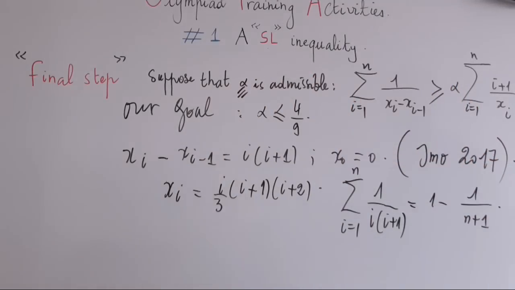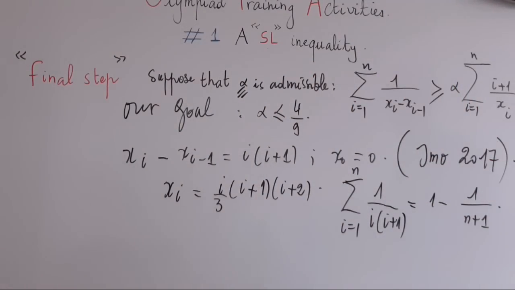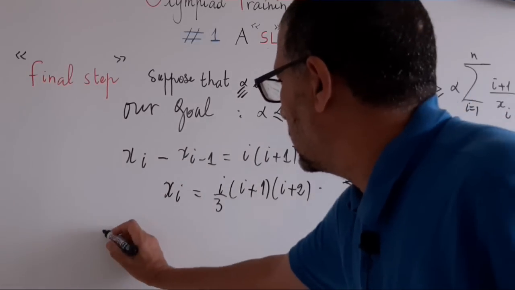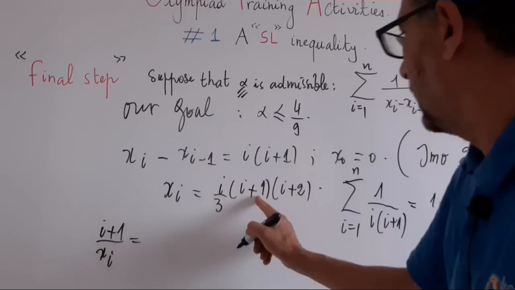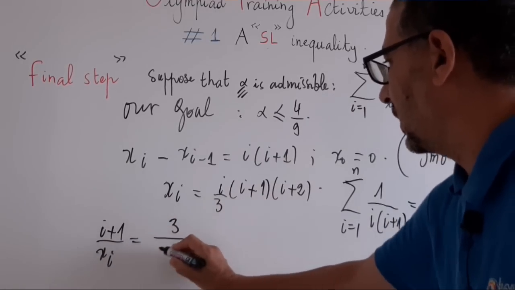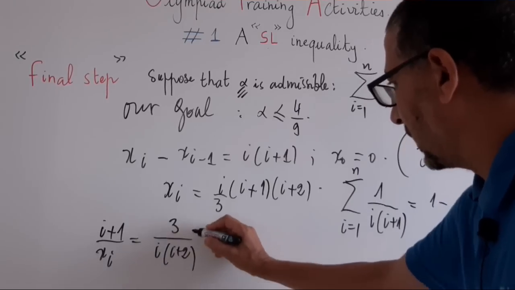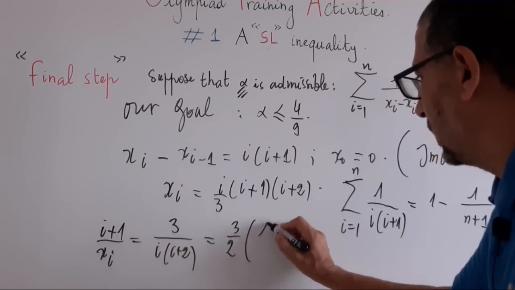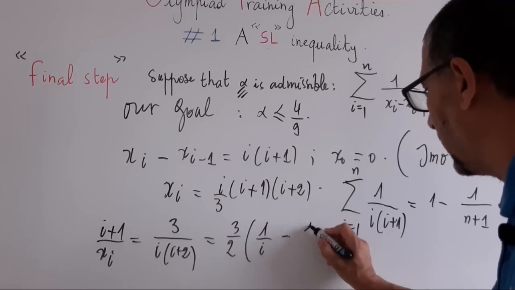This is the left hand side of this inequality. And for the second, we see that the sum of 1 over x_i is equal to 3 over i times i plus 2, which we can write in the following way: 3 over 2 times 1 over i minus 1 over i plus 2.